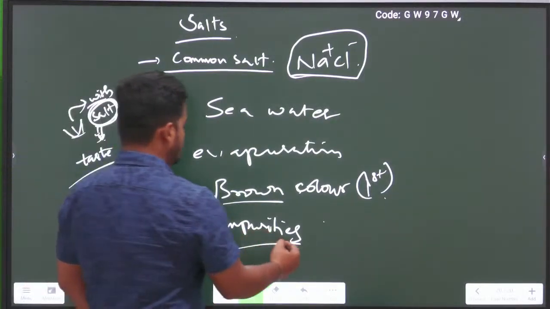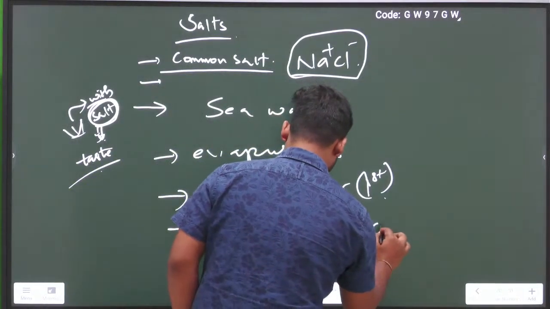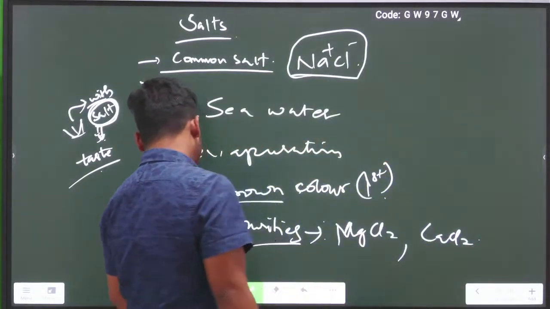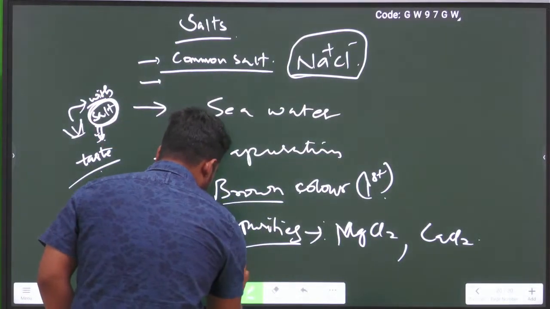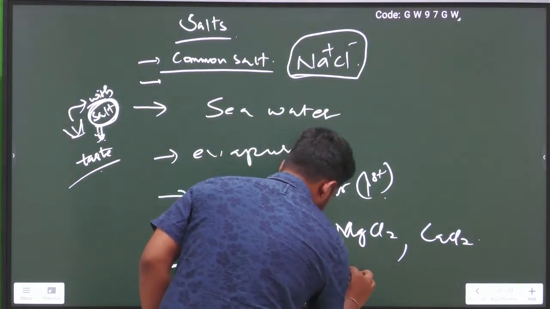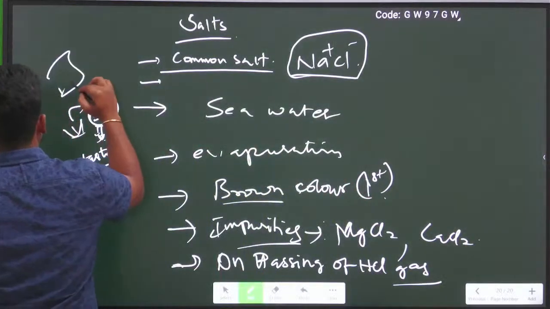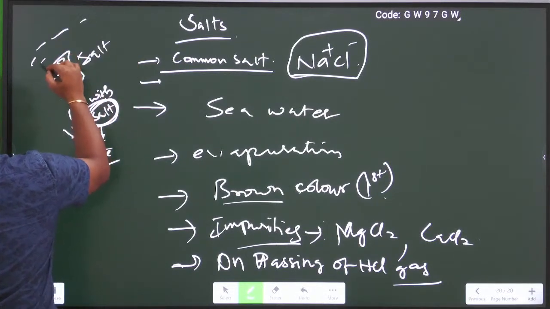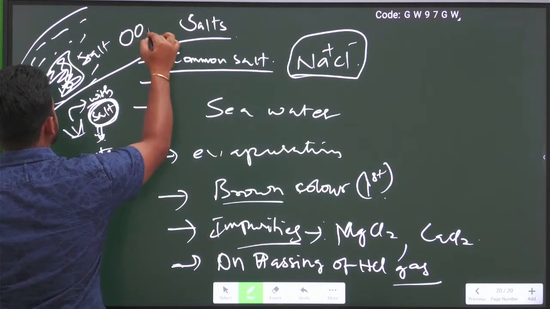These impurities are nothing but MgCl2 and CaCl2. We get pure salt on passing HCl gas. If you take impure salt and pass HCl gas through it, then you are going to get some crystals.